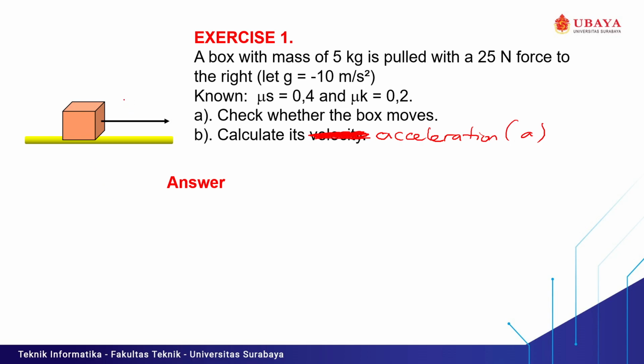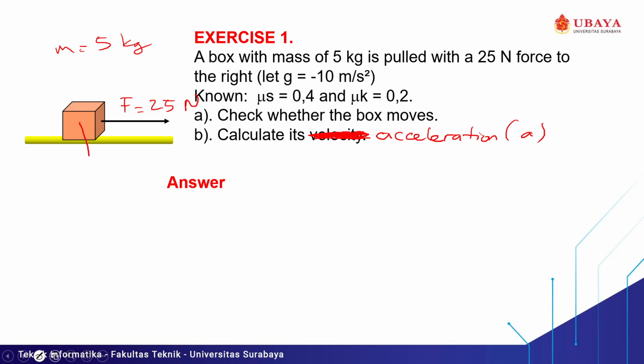So I have F here. F is 25 Newtons, and the mass is 5 kilograms. We know mu s and mu k. Actually, before doing A, we can calculate W first.